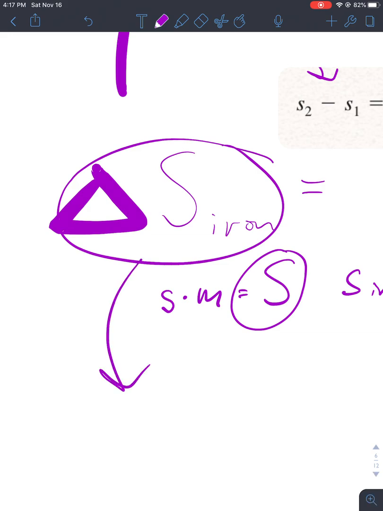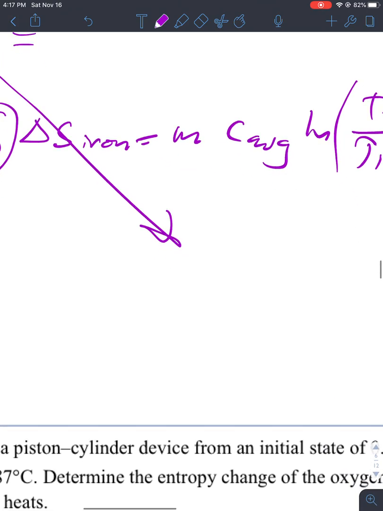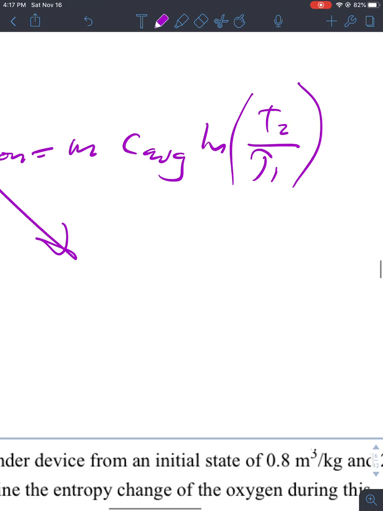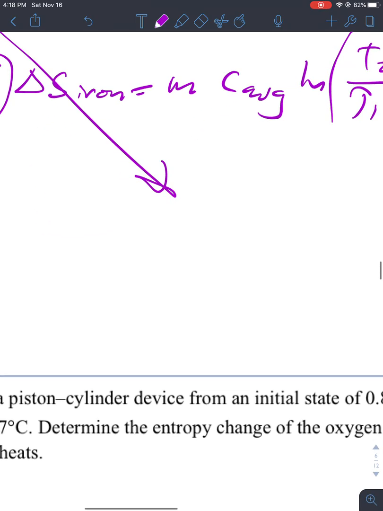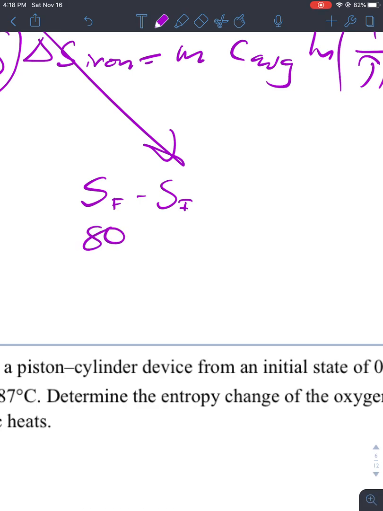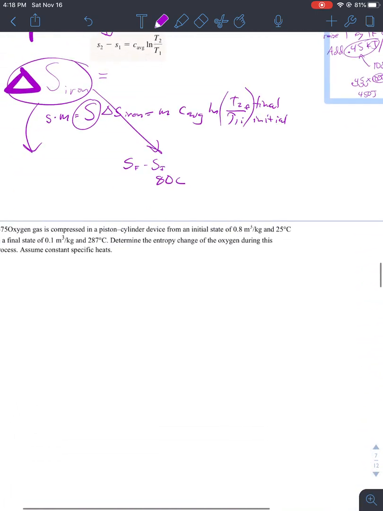All right, this is delta S, which I think is final minus initial. S final minus S initial, which is 80, oh, that's not right, 80 Celsius minus, what is it, 15 Celsius.